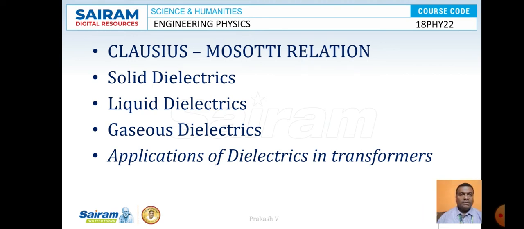And here we come across the polarizability: electronic polarizability denoted by the symbol alpha E, ionic polarizability denoted by alpha I, and orientation polarizability denoted by alpha naught. The total polarizability is given by alpha equals alpha E plus alpha I plus alpha naught.